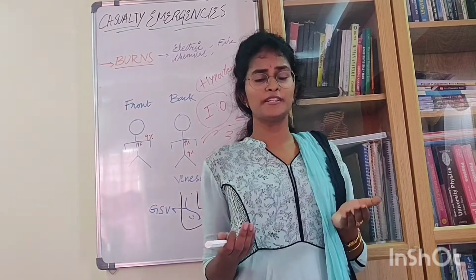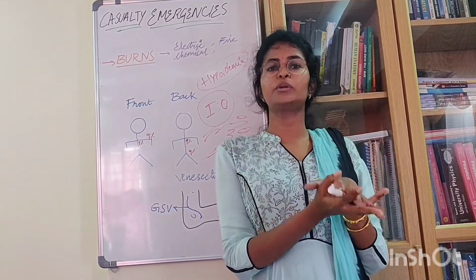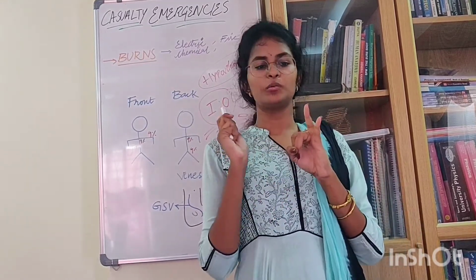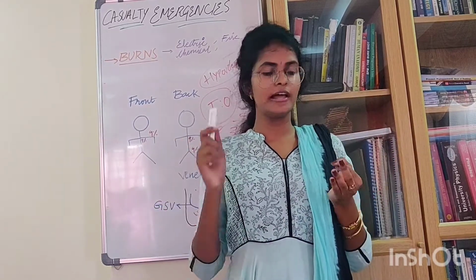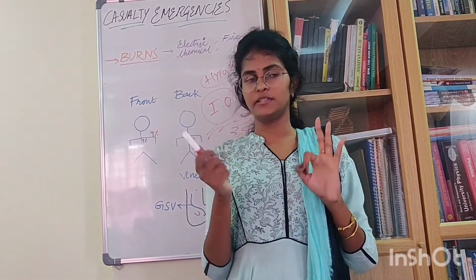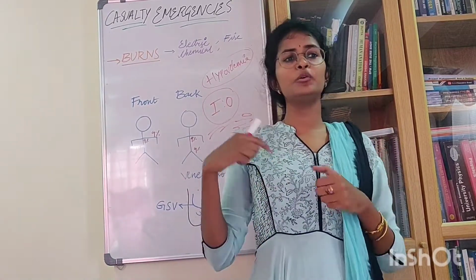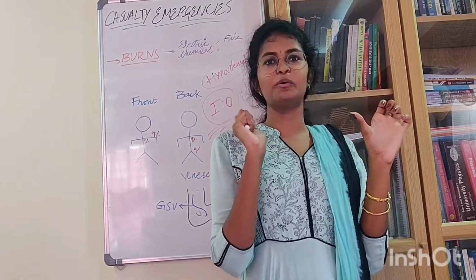So what is the take-home message for a burns case? If the person is coming to you with a fire burn, always remember vitals first. Second, always place ringer lactate. That is very important. Fluid management. Third thing is keep a Foley's. Fourth thing is the venesection procedure. And the fifth one, which I forgot, TT and ATG. Both are important.